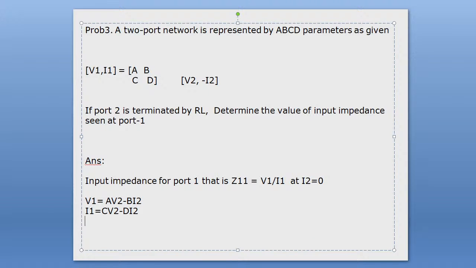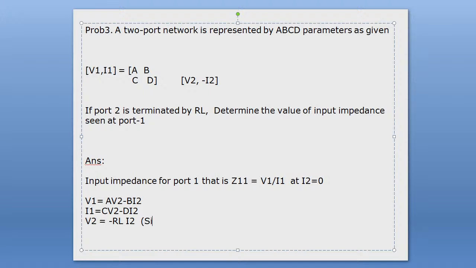Okay, it's correct. Now you see that if port 2 is terminated by load resistance RL, that means for this case V2 equals minus RL I2.